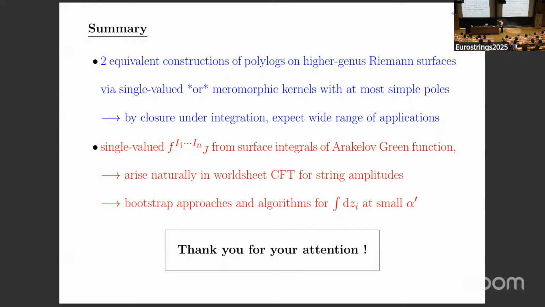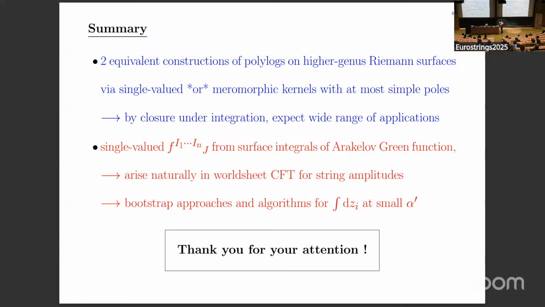So we constructed these F tensors, which were the integration kernels. They arise really naturally in the worldsheet CFT. In particular, the worldsheet fermions of the RNS superstring, their correlators are particularly natural to be expressed in terms of the F tensors that don't simplify to Arakelov-Green's functions themselves. And for alpha prime expansions, yeah, we are in a good position now.